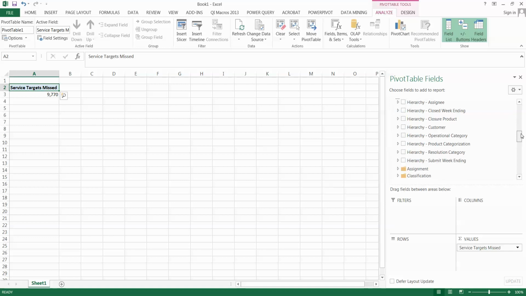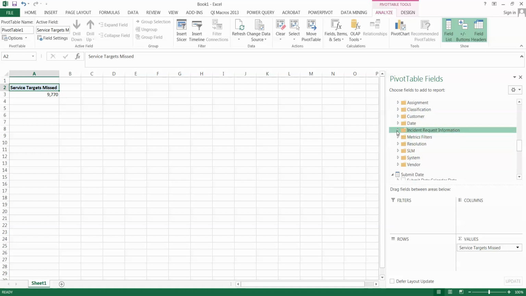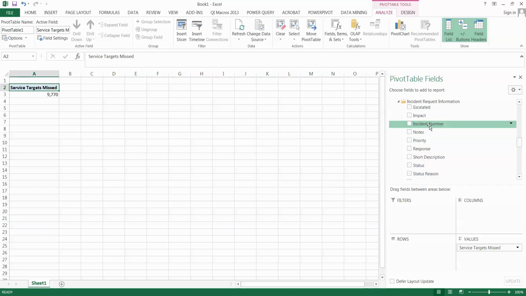And then what we're going to do is bring in the grain, which you've heard us refer to in earlier videos as well. And the grain is essentially the incident number. It's being used as a primary key.